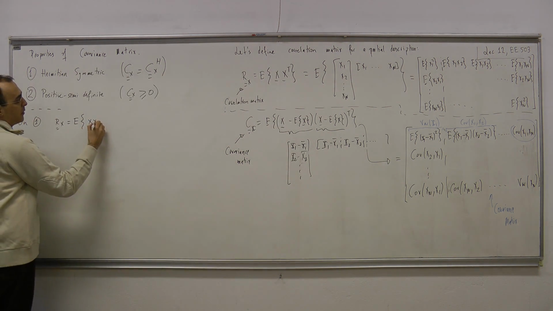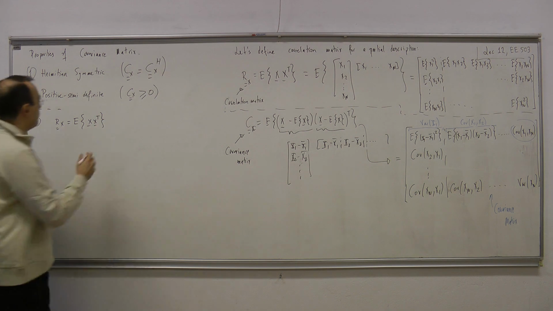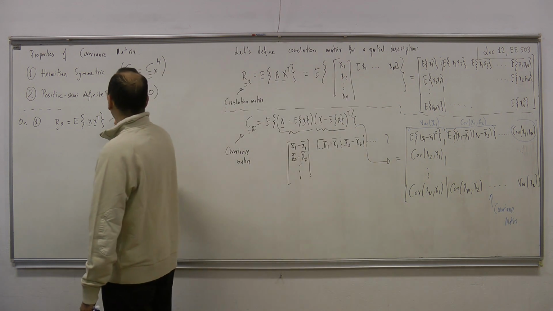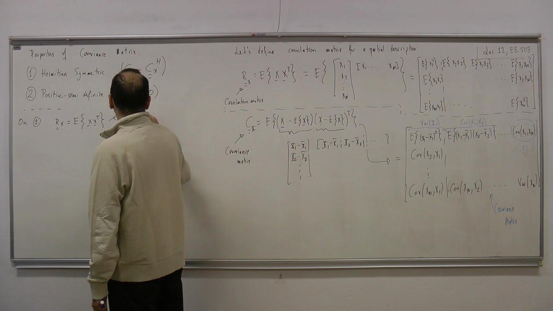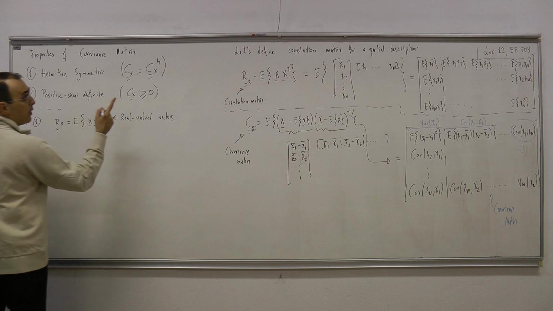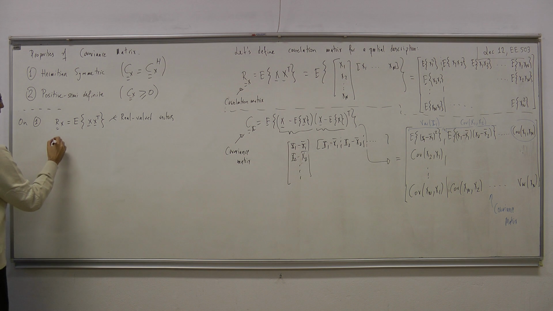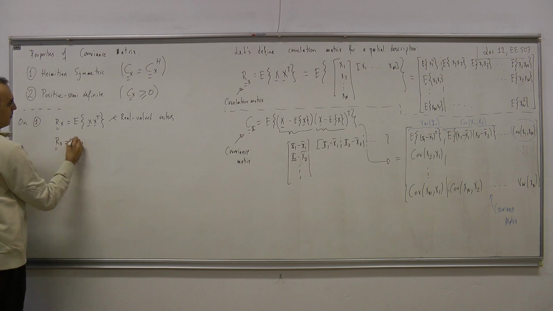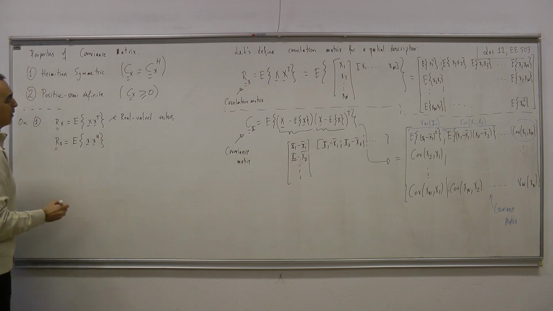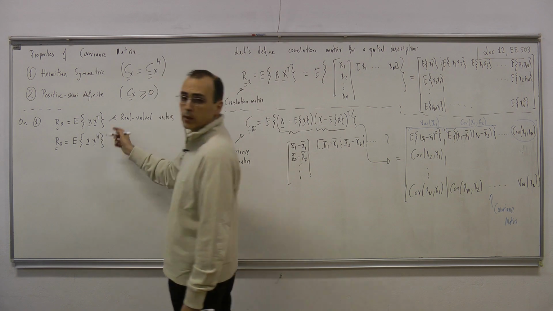So this is x times x transpose, as I have said, for real valued vectors. But for complex valued vectors, the definition is, you replace these transposes by Hermitians. Then Rx is the expected value of x x Hermitian. This is the Hermitian operator, so this is transpose and conjugate.